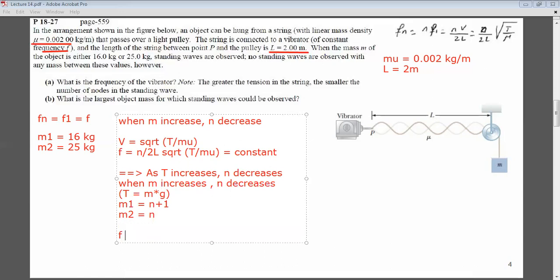We say frequency is equal to n over 2L square root of, so n refers to M2, so this is a square root of T2, which is 250 divided by mu, and this is equal to n plus 1, because F is constant, over 2L square root of 160 over mu.